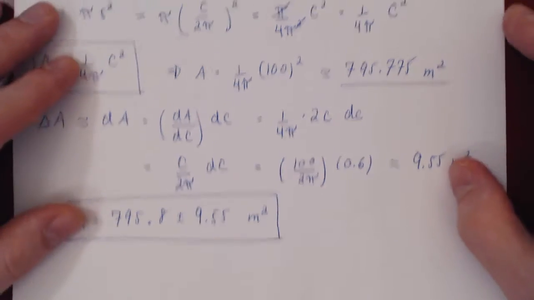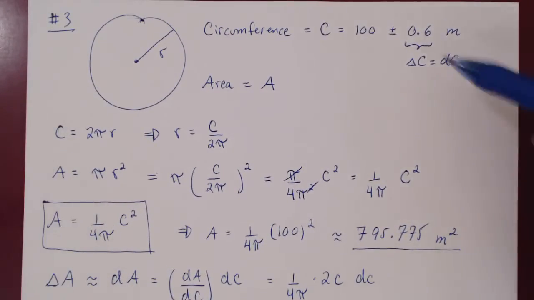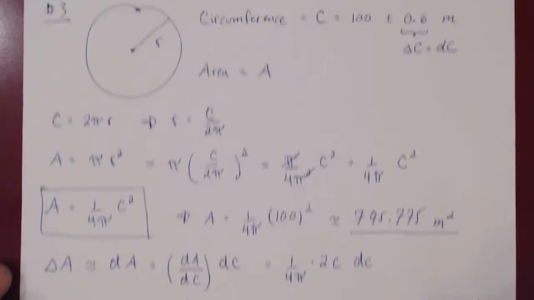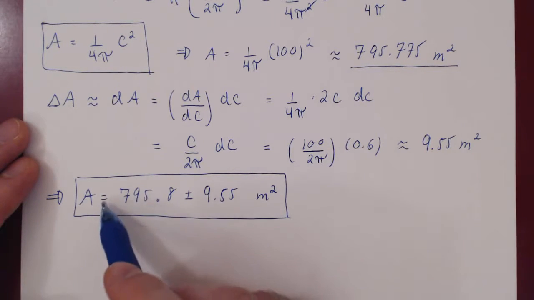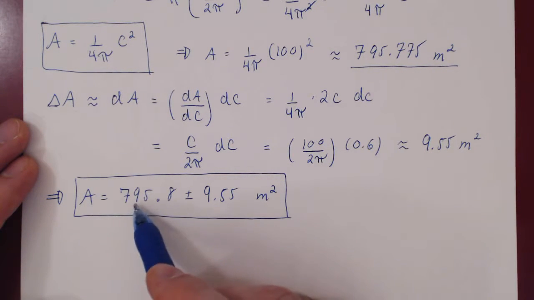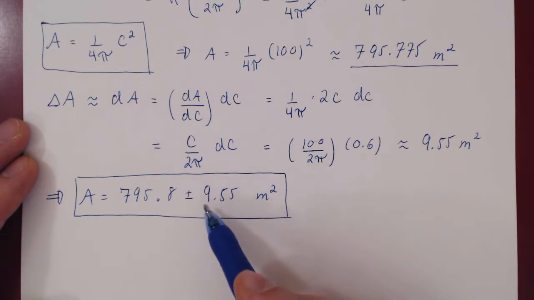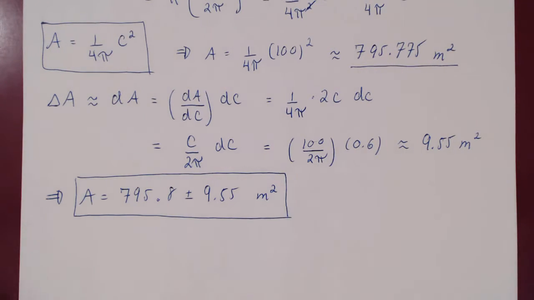And you see, knowing that the circle had a circumference of 100 meters with an uncertainty of 0.6 meters, we can extract from this that the area of the circle is roughly 795.8 meters squared with an uncertainty of roughly 9.55 meters squared. And that's it.